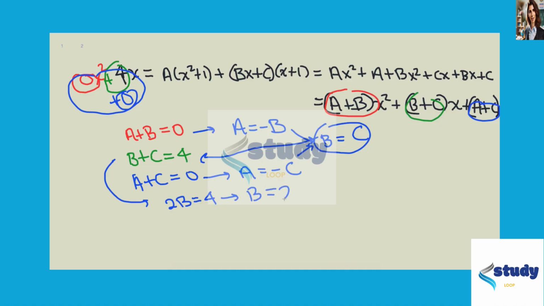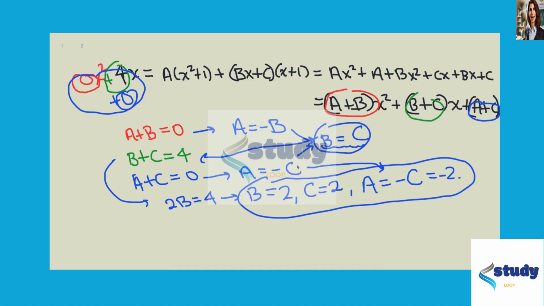So that means B is 2. But then C equals 2 as well because C equals B. And finally, A equals negative C. So that's negative 2. So these are our values.